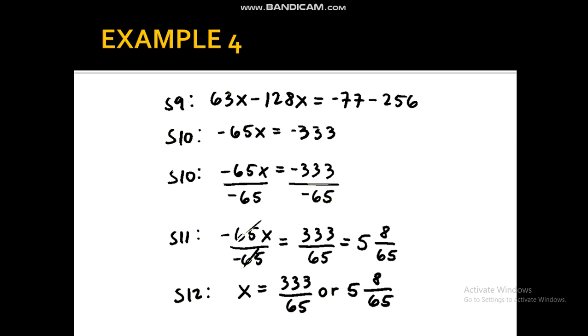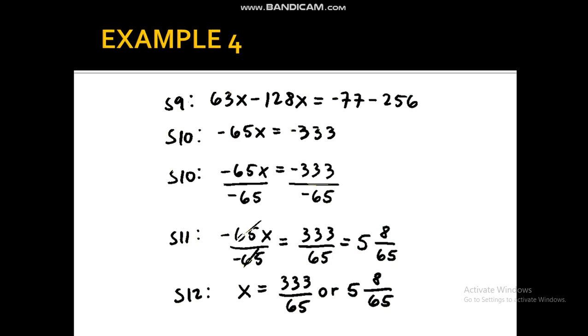Step 11, in the left hand side, the same terms are cancelled. In the right hand side, we have the positive fraction 333/65 because in step 10, both the numerator and the denominator are negative numbers.